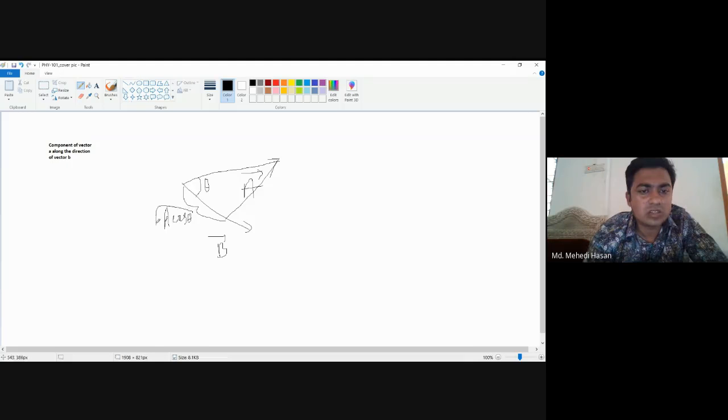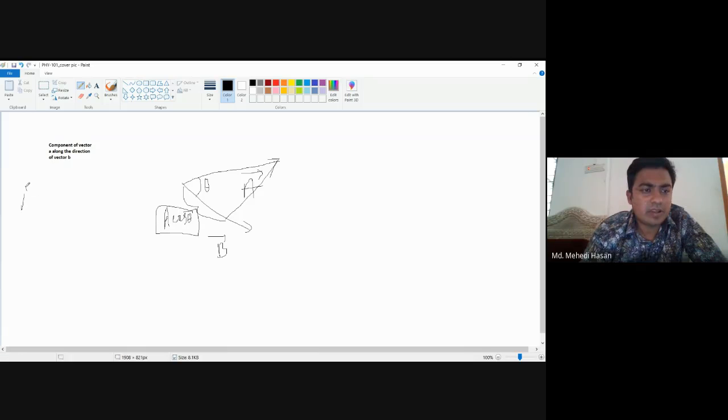This A cos theta is called the component of vector A along the direction of vector B, or the projection of vector A along the direction of vector B. Also called the perpendicular component of vector A along the direction of vector B.